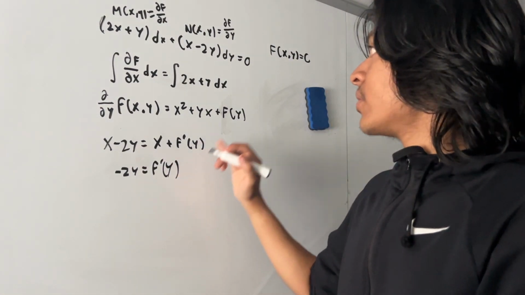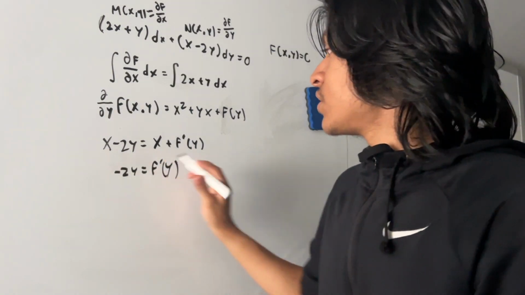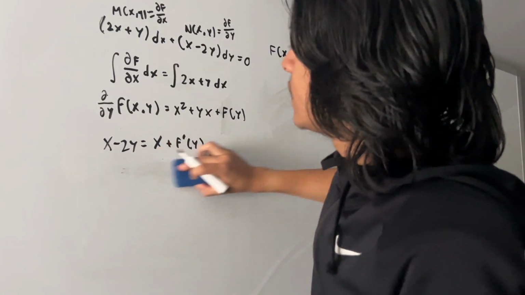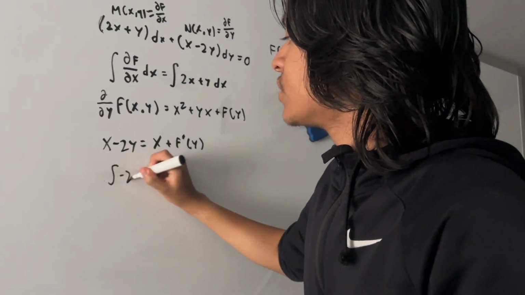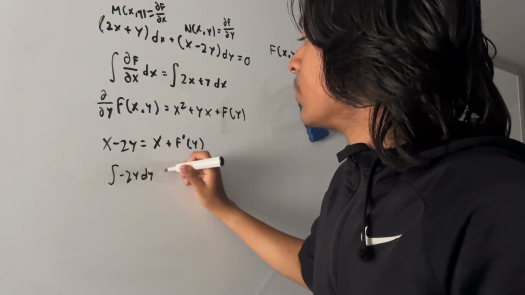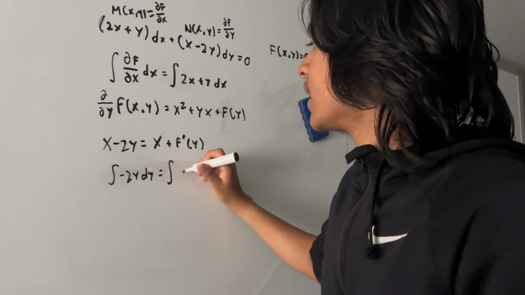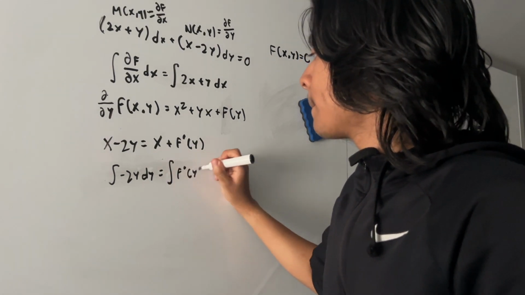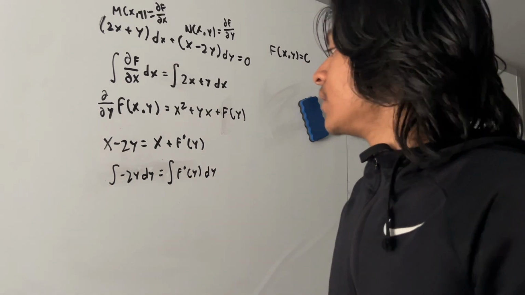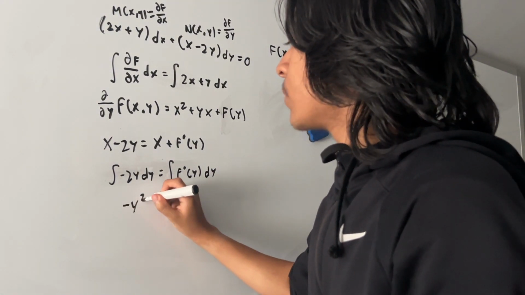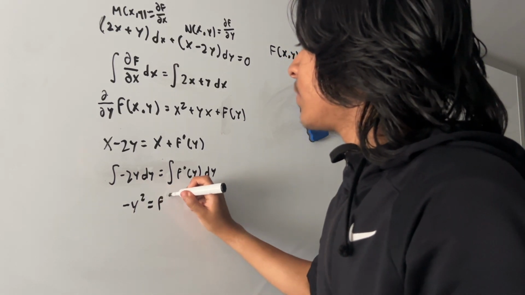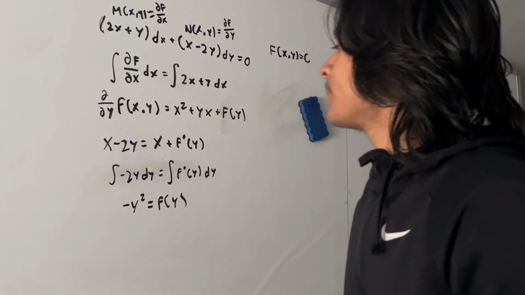Then we're able to solve for f of y. So we're going to integrate negative 2y dy is equal to the integral of f prime of y dy. And when we do that, we get negative y squared is equal to f of y.